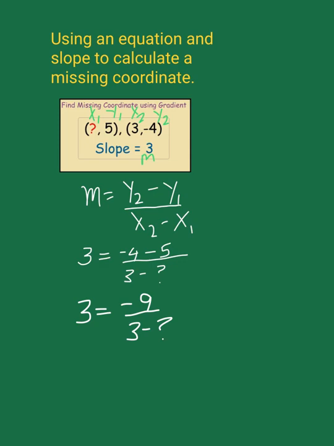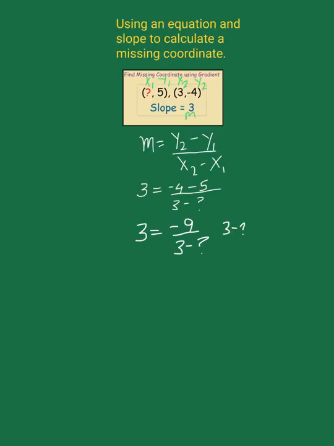Let's see. I can multiply both sides by the denominator. I'm going to need more room. So I'm going to put some parentheses around that, 3 minus question mark.